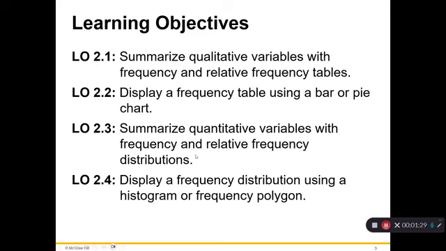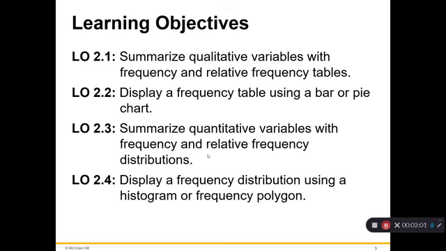Objectives for chapter 2: we will learn how to summarize qualitative variables with frequency and relative frequency. So we will be learning how to use frequency and relative frequency tables to organize qualitative data into classes that are both mutually exclusive and collectively exhaustive.